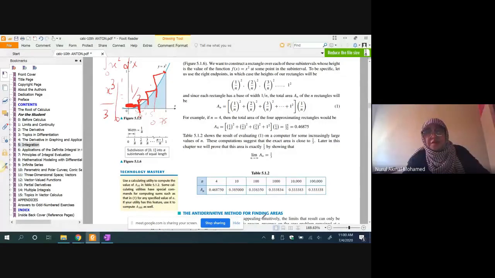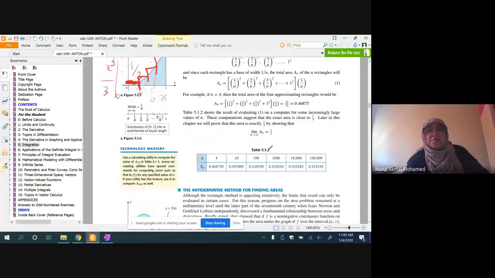So Table 5.12 summarizes the area when we use different values of n. The first one is n equal to 4, like what we have shown before, so the value will be 0.46875. Then if you have 10 sub-intervals or rectangles, you will have 0.385, which is okay.